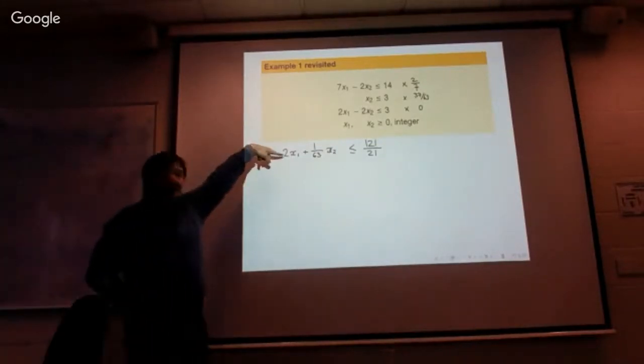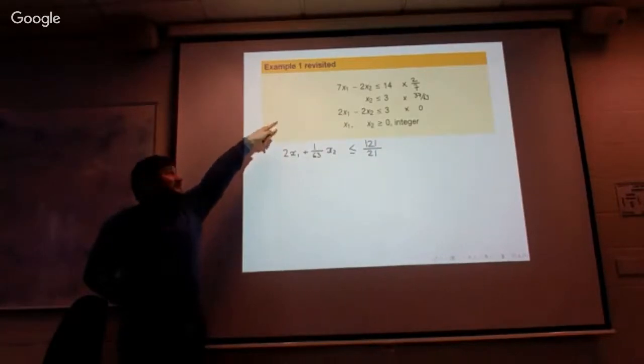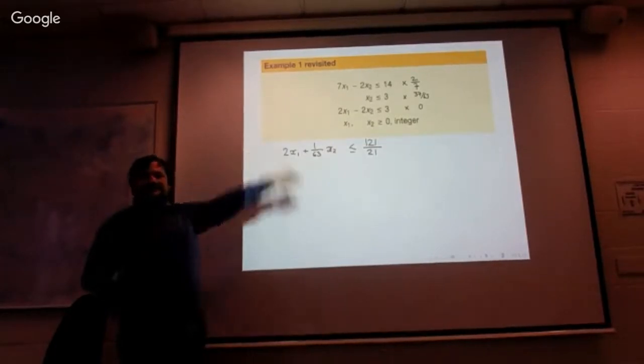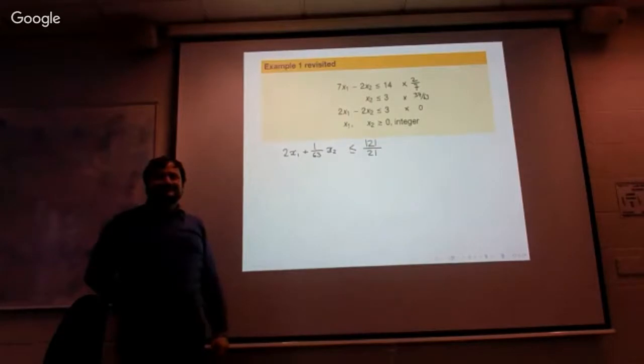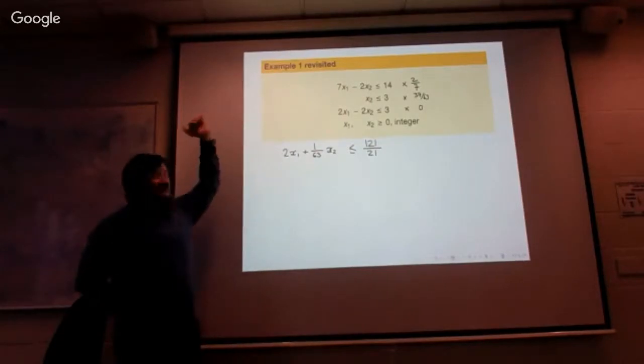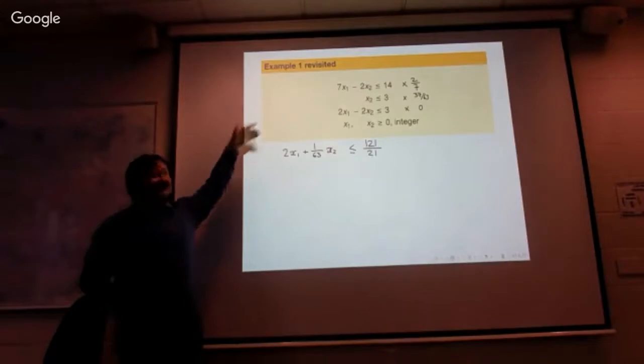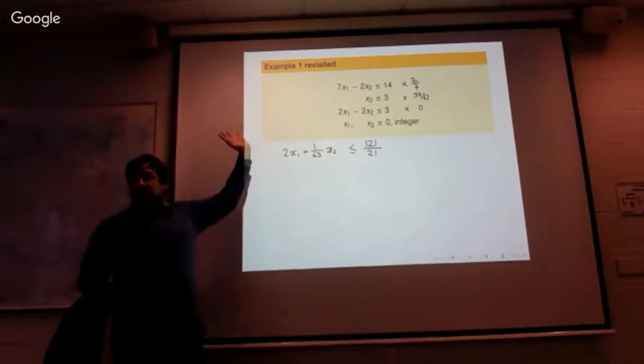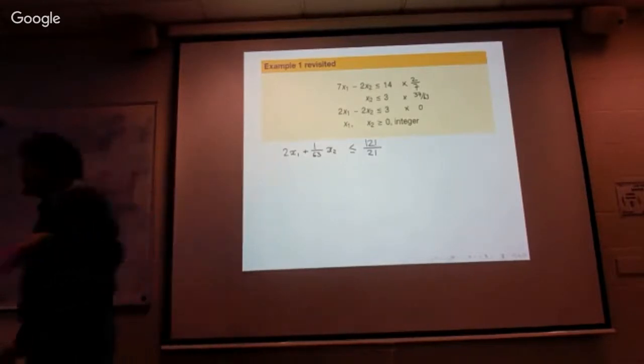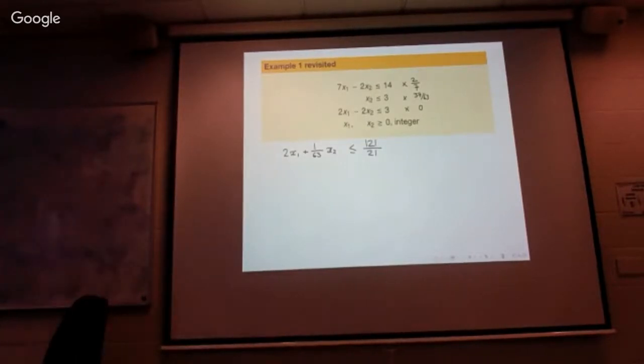Is this inequality satisfied by all the integer feasible solutions? Yes, because it's just times some of them, add them together. So if they satisfy each of the three constraints, even without being integer or anything, they have to satisfy this. Okay, so if they satisfy this, it's called a valid inequality. So this is a valid inequality.